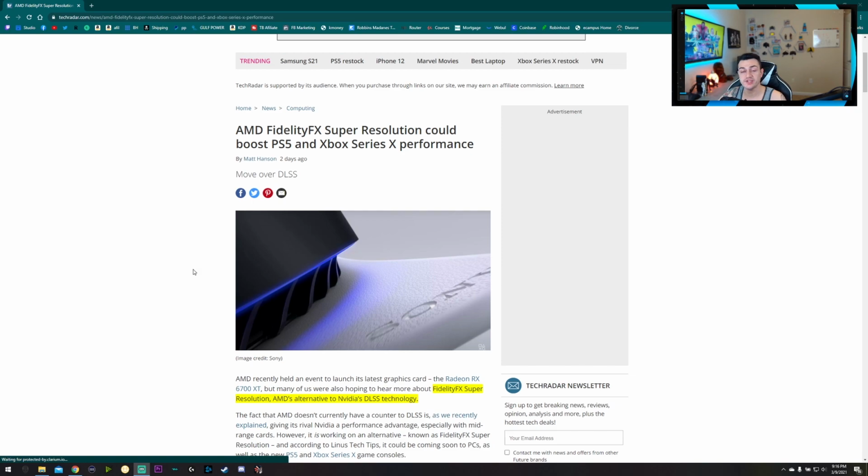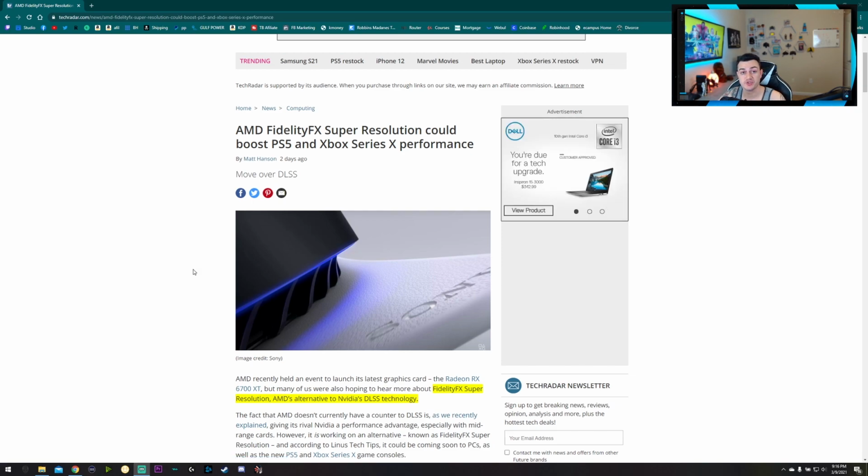Now, what DLSS does, or deep learning super sampling, is upscale an image from, say, for example, 1080p to 4K or 4K to 8K. And that image, with current DLSS 2.0, in many situations, will actually look better than a native resolution of 4K or 1440. That's ridiculous.